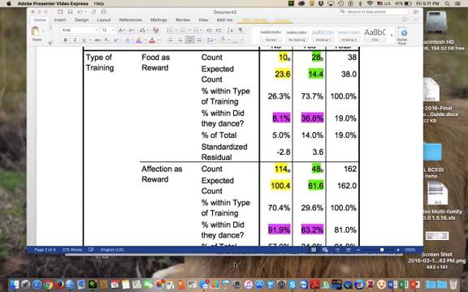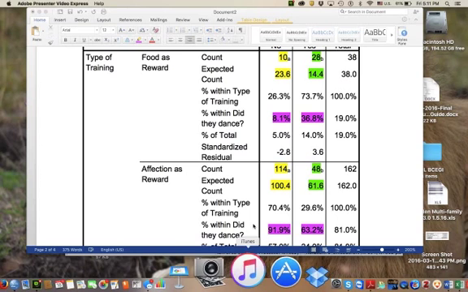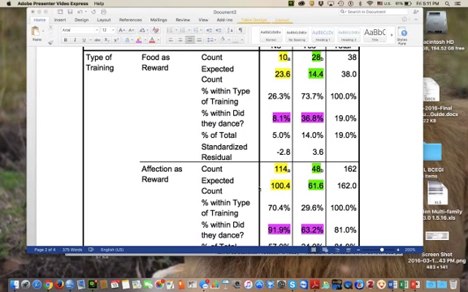So first, let's check that the expected frequencies assumption has been met. On the contingency table, we look at, first of all, the smallest expected count.